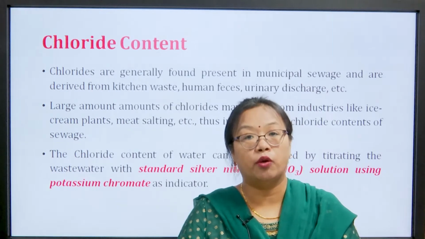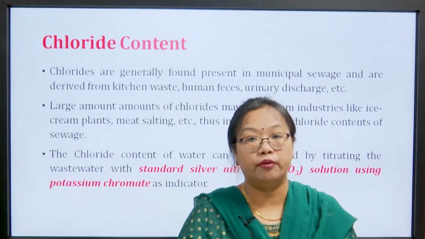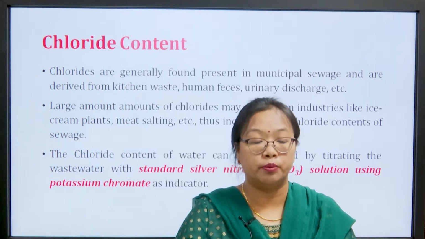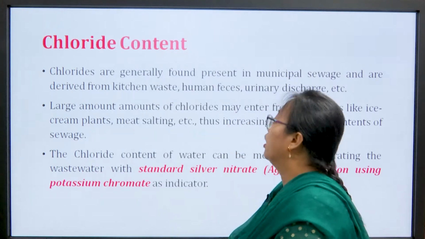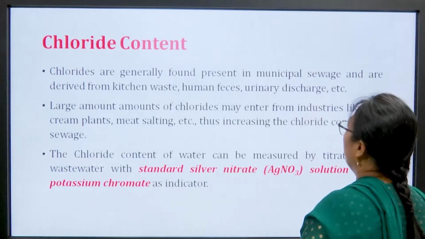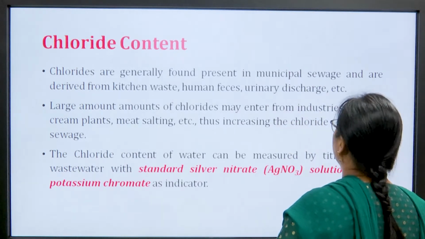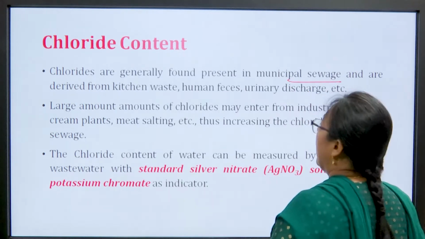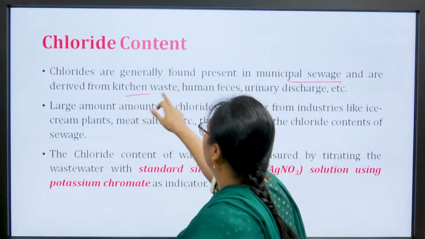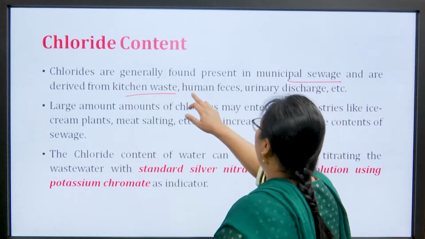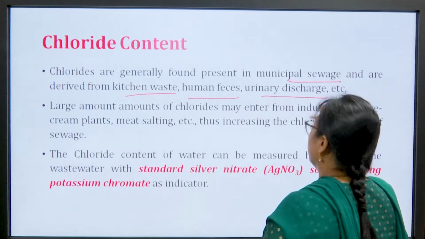Now, let us come to the chloride content. We have already talked about chloride content for water. Let us talk a small bit about the chloride content for wastewater or sewage. Chlorides are generally found in municipal sewage and are derived from kitchens. We use chloride in the form of sodium chloride, and it also comes from human feces and urinary discharges.